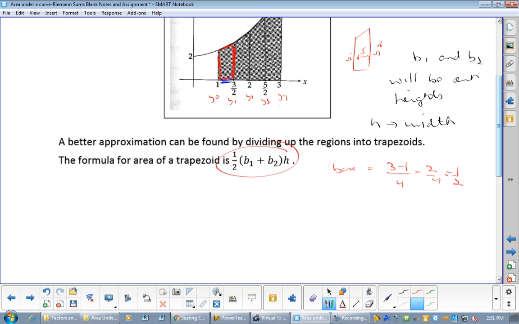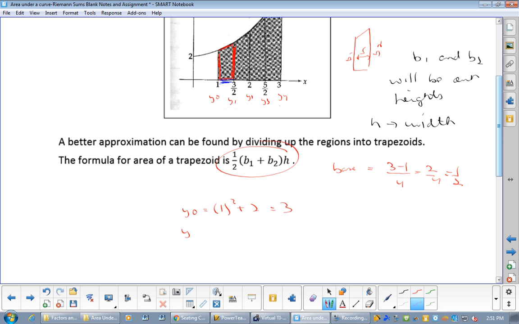Let's go find them. For y0, I have to put 1 into my formula of x squared plus 2. That's 1 squared plus 2 equals 3.